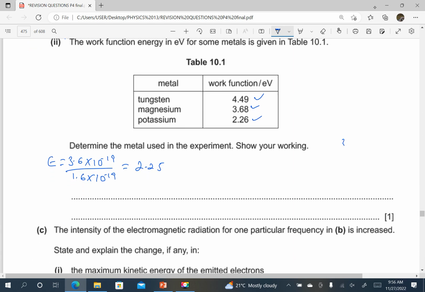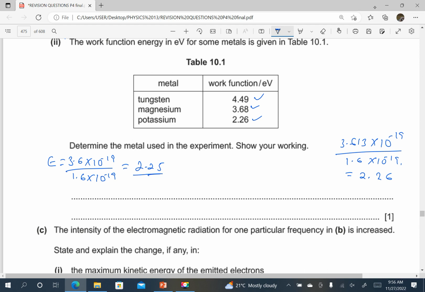So let me see, 3.613 times 10 power negative 19 divided by 1.6 times 10 power negative 19. Yeah, so when I use more exact values, this one is giving me 2.26.